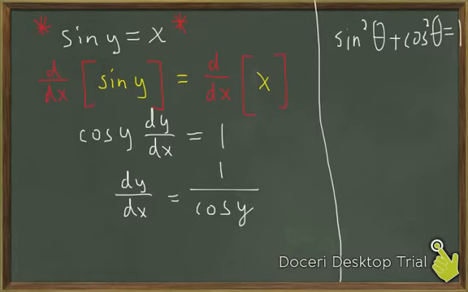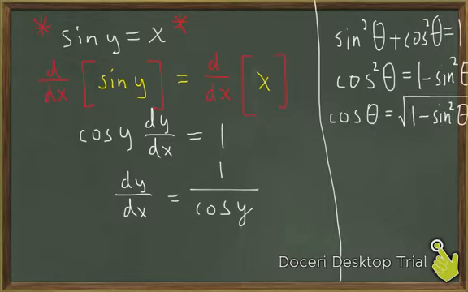Solving for cosine of theta, you get cosine of theta equals the square root of 1 minus sine squared theta. Theta is just a dummy variable. If there was a y there, you could interchange the y's. So you could write sine squared y plus cosine squared y equals 1.